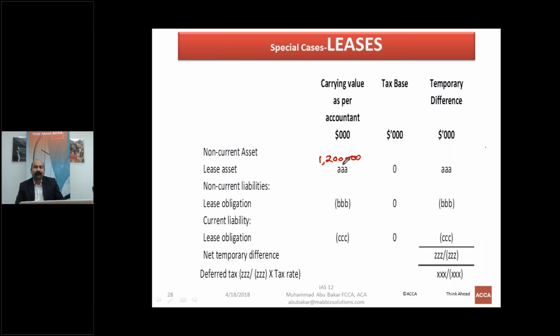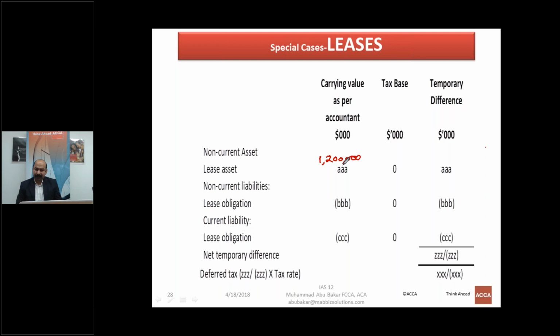And we know from IFRS 16, if there is no reasonable certainty that the asset will be acquired, you depreciate that asset over the lower of useful life and the lease term.